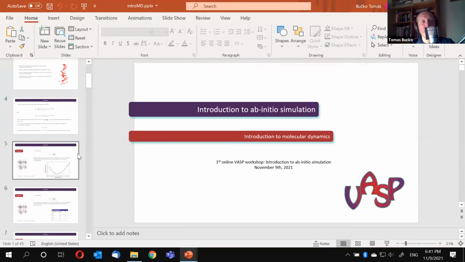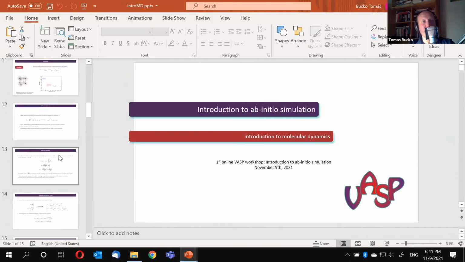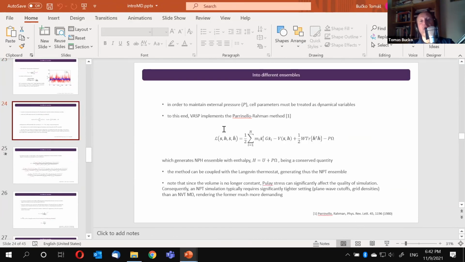Okay, so I will open it. So here, for the Parrinello-Rahman method, enthalpy is a conserved quantity. VASP automatically computes that for you, so this is what you see in OSZICAR, for instance, directly. So first of all, when setting the W value, what you can do is monitor the conservation of enthalpy.